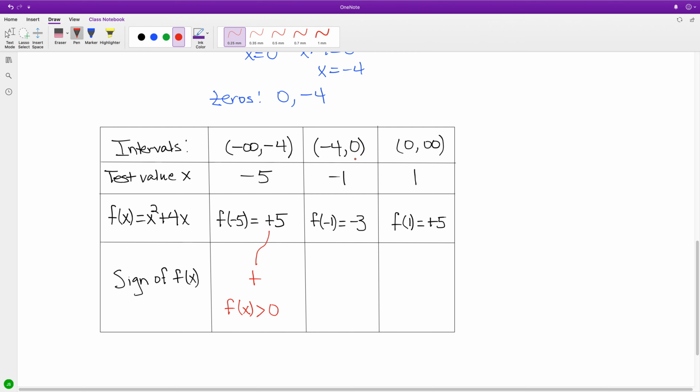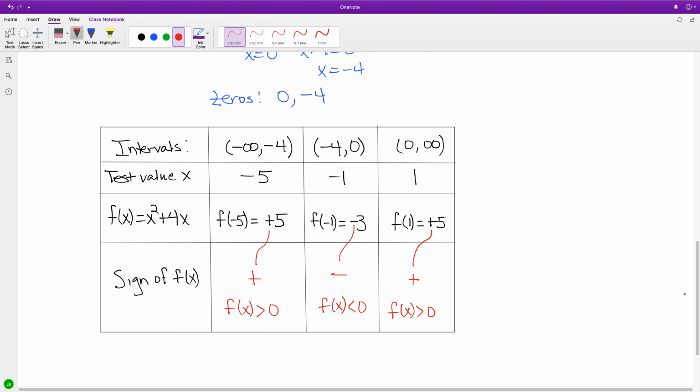Anything we plug in that is greater than -4 but less than 0, the output is going to be negative. So we have f of x is less than 0. And anything we select for x that is greater than 0, the output is going to be positive. So we have f of x is greater than 0.